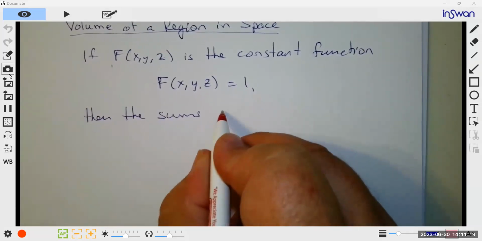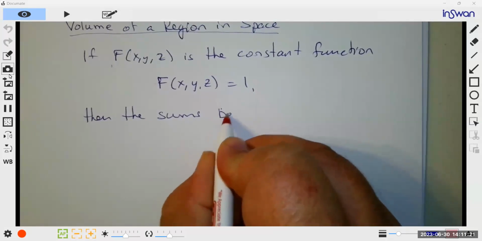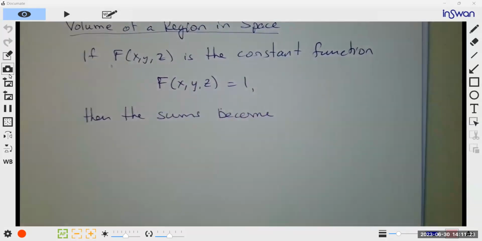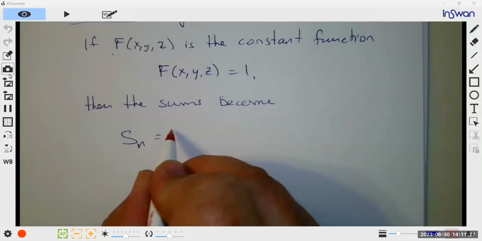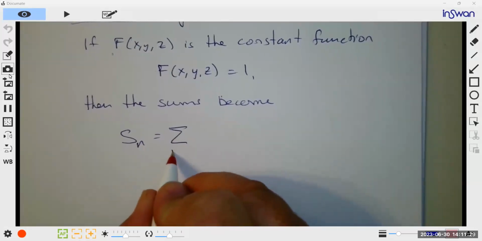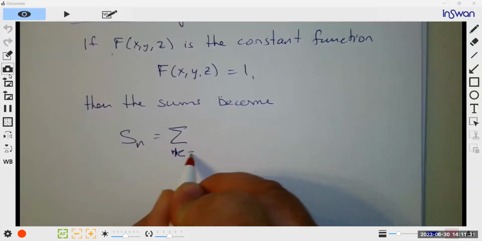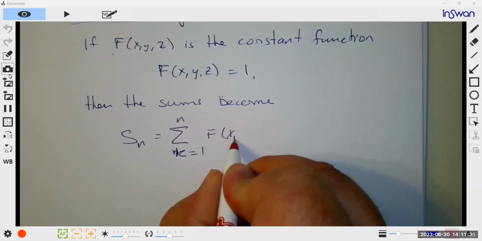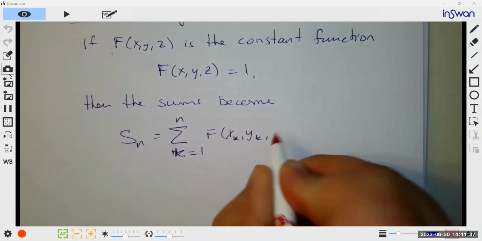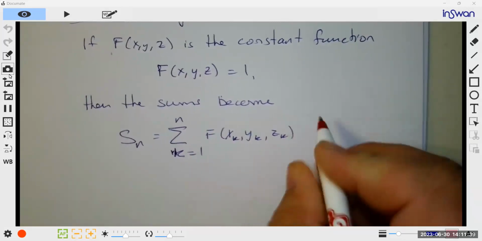then the sums become summation of k's from 1 to n of our function at x_k, y_k, z_k.